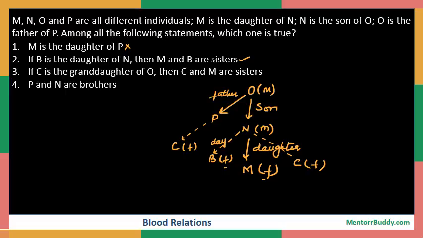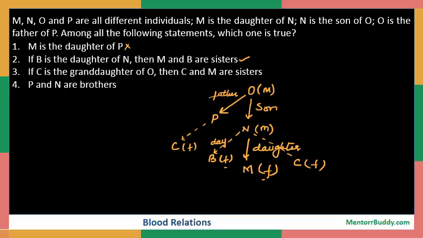As we can see, yes, C and M are sisters. Here also C and M are sisters. But I would say C and M are sisters and C and M are cousins. These two are different hierarchies, or I would say a different concept altogether.